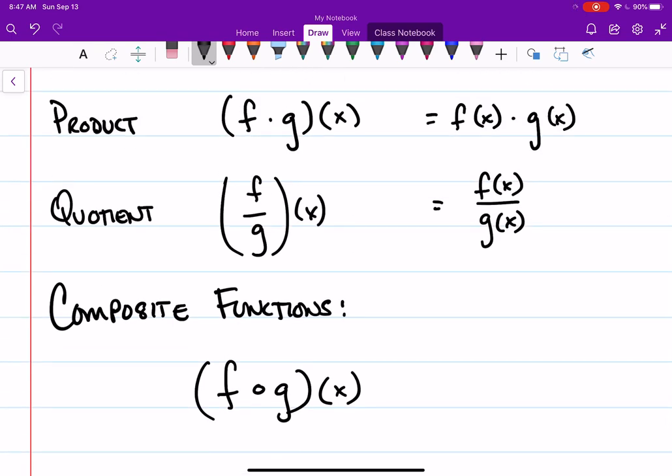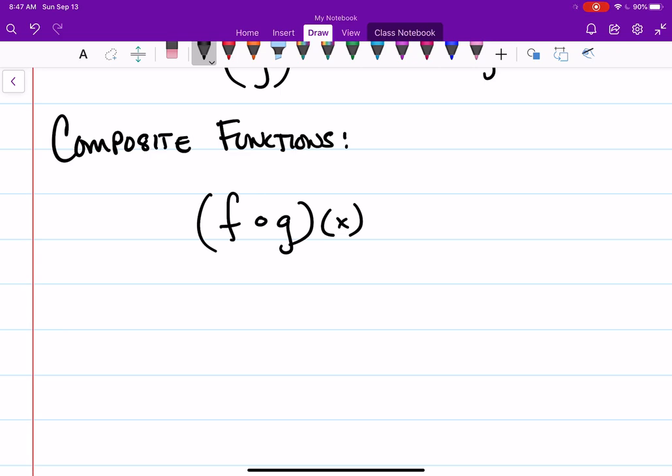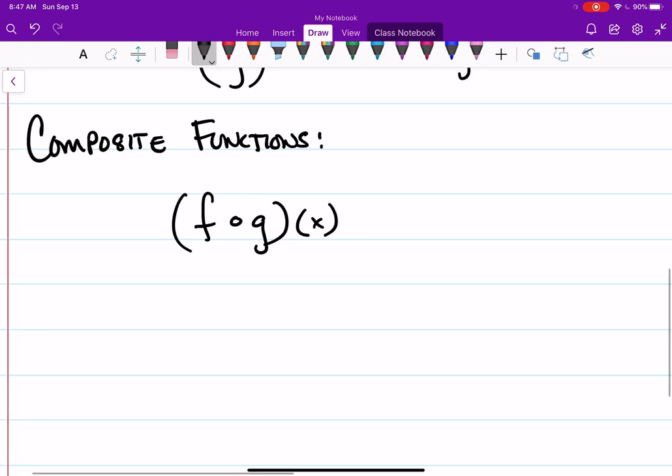Do not mistake that with a product. You actually see an open dot. That's what composites are. So what does this actually mean? This actually means find g of x first, then plug it into f of x.